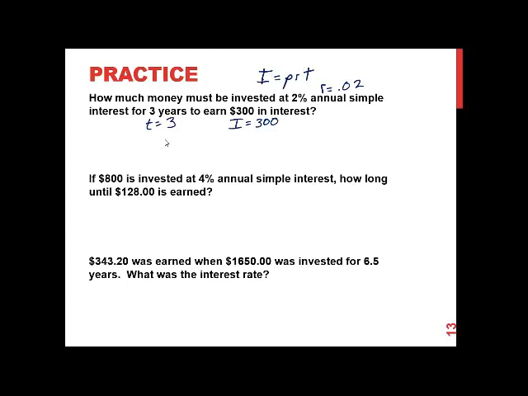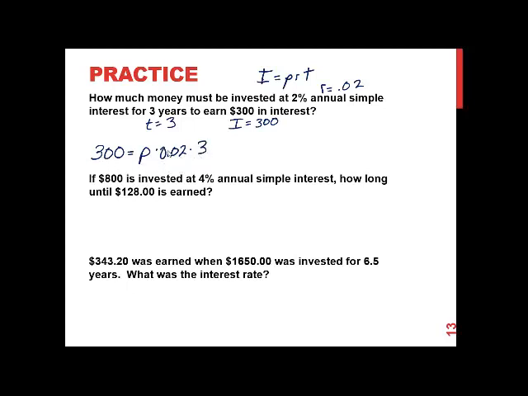Now if we plug these values into our formula, we get $300 equals P times 3 times 0.02. I shouldn't do it that way. I don't want to confuse you. Let's go back and do P times R, which is 0.02, times 3.